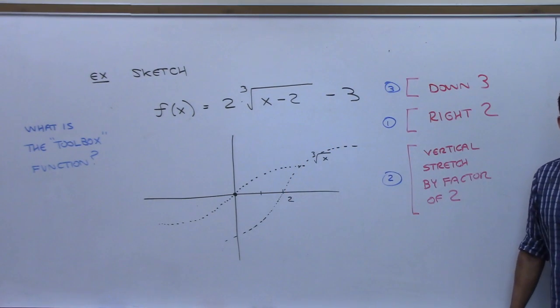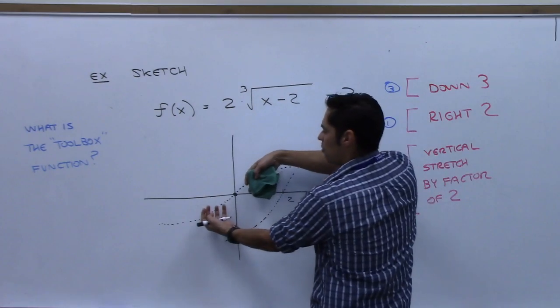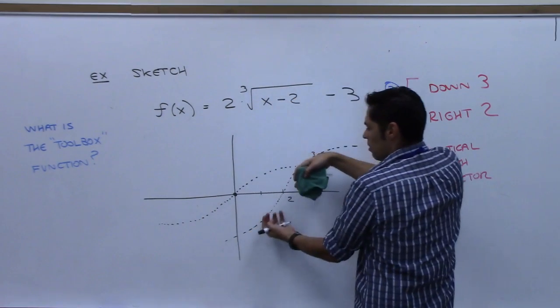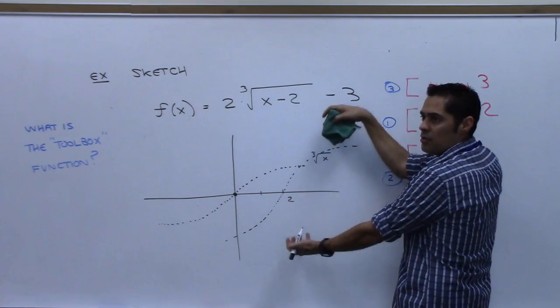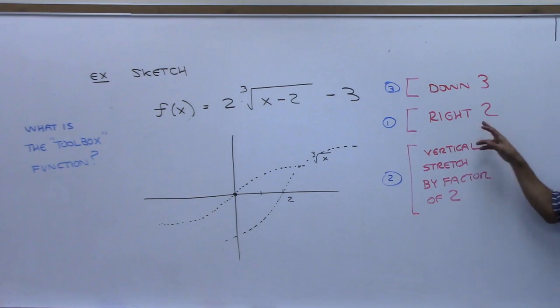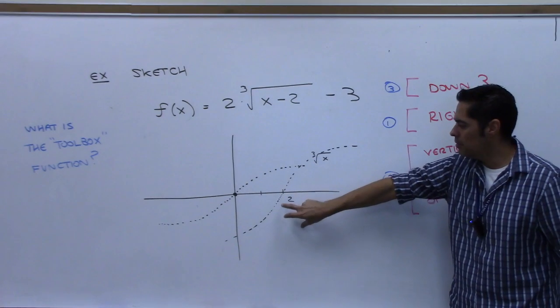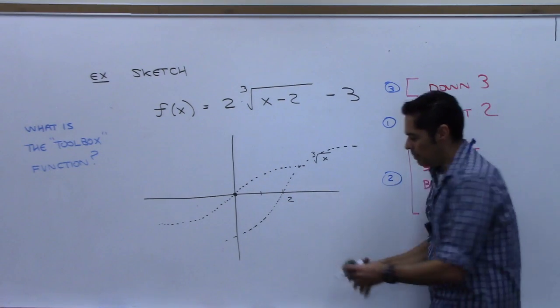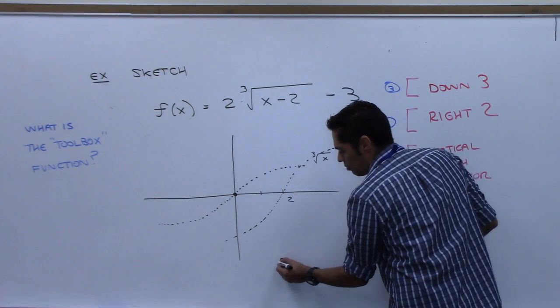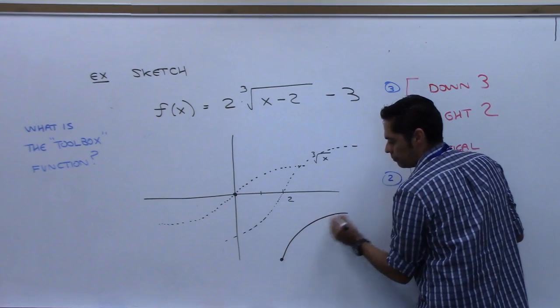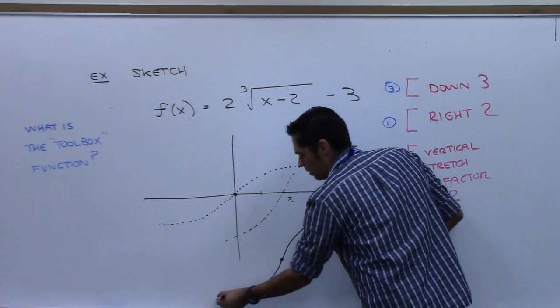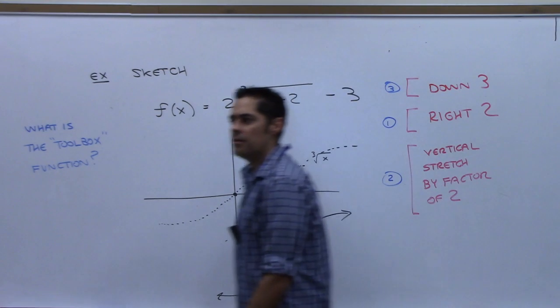Would you agree with that? I've taken this picture and I've stretched it out like this. So there, I moved it to the right 2 and I've stretched it. And now, down 3. So take this dotted picture and just move it down 3. 1, 2, 3, and that puts you right here. And now draw it nice and solid like that. That would be good enough on the test.